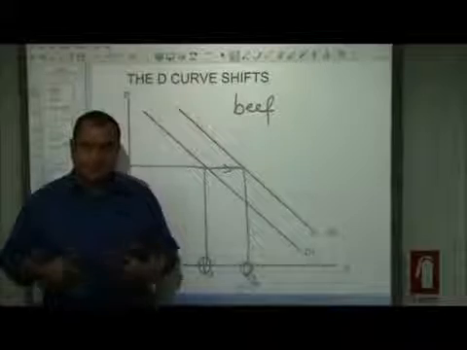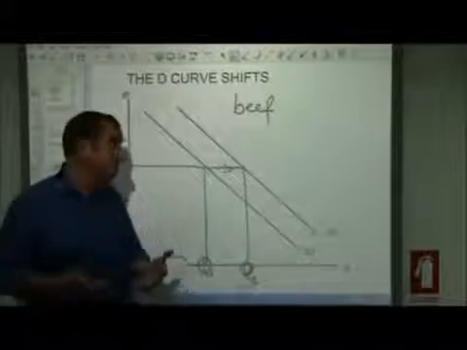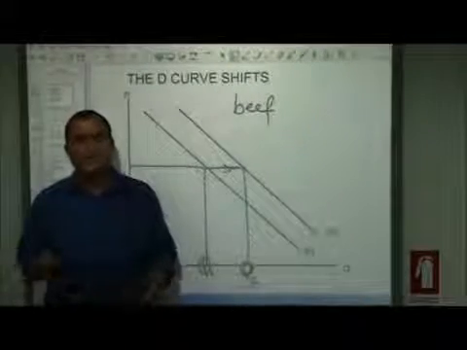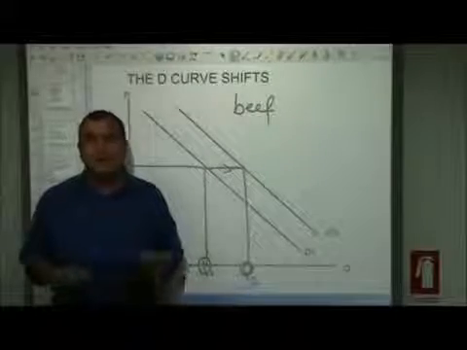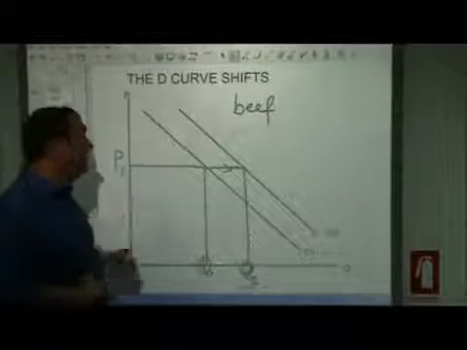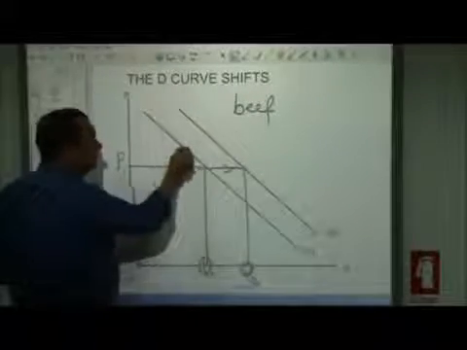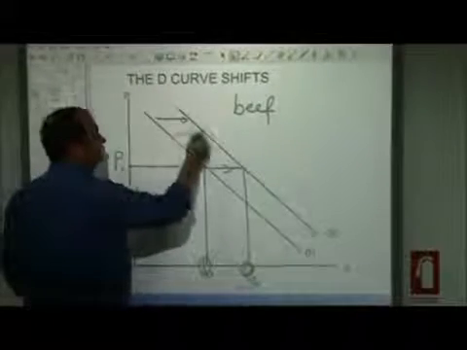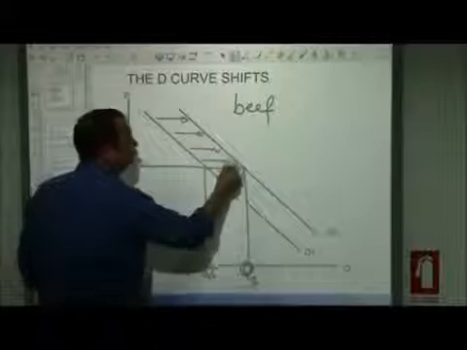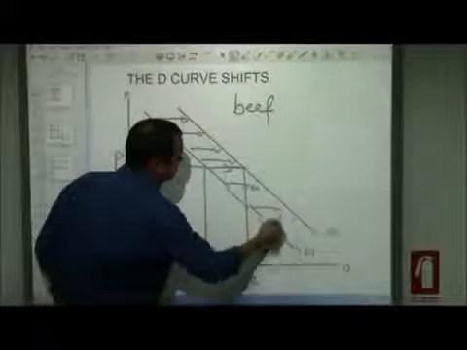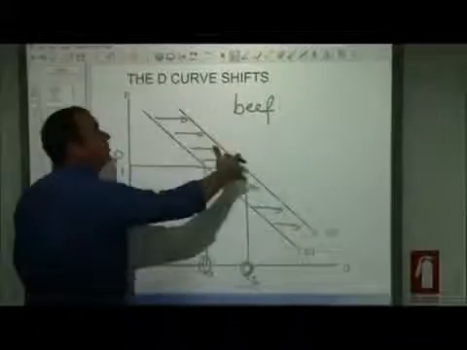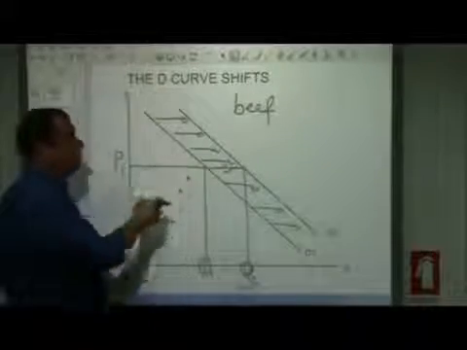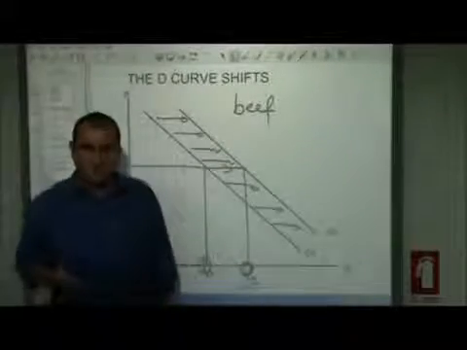It's just that, as I said, there was an increase in the size of population, and more people are now willing and able to buy, demand beef at price P1. And indeed, every single point along the D1 demand curve shifted outwards to a new position, showing that whatever the price was, more would be demanded after the rise in the population.